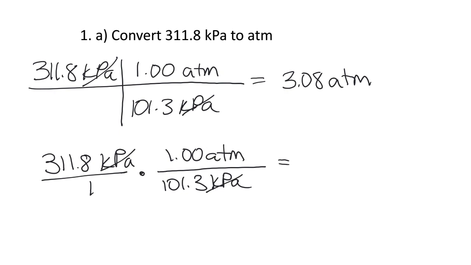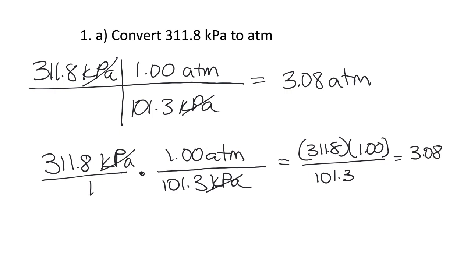Once again, it's 3.11 times 1.00 divided by 101.3 equals 3.08 ATM. Okay, so that's your answer, 3.08 ATM.